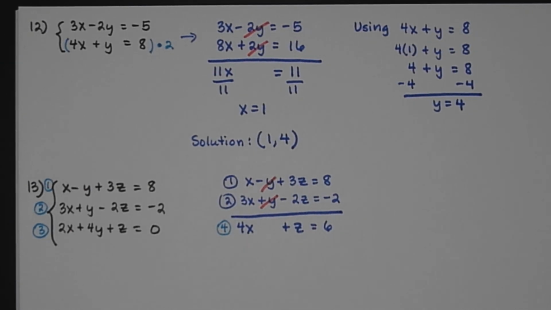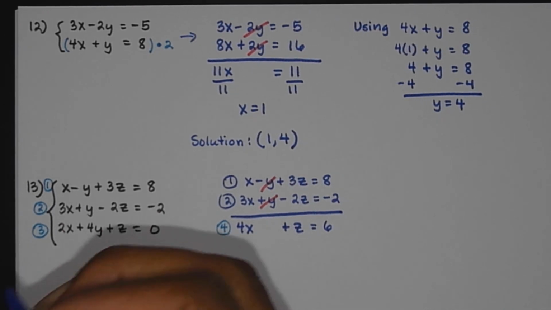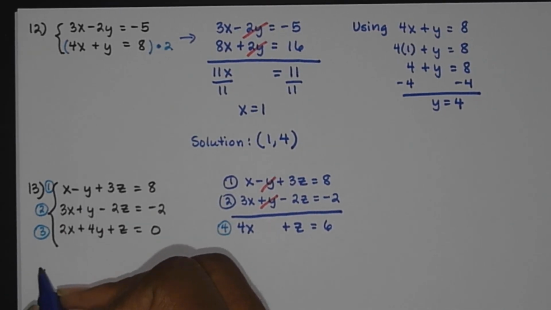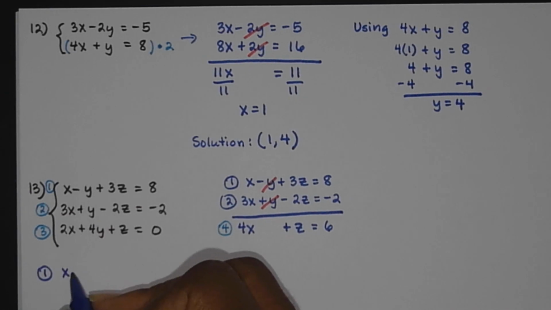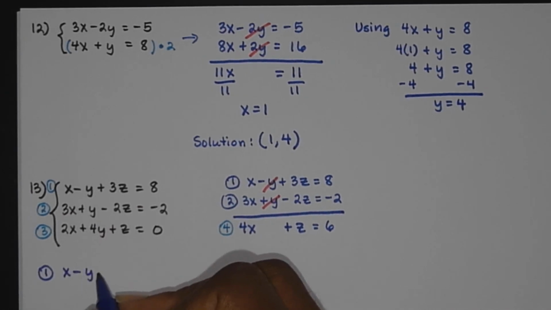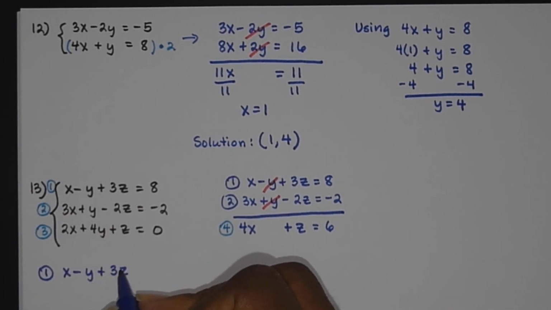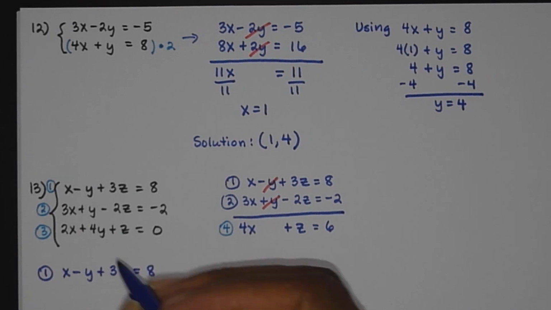All right, now let's pick another pair of equations and eliminate the same variable. We're going to eliminate the y as well. In this one, I picked equations 1 and 3. So here, equation 1 is still x minus y plus 3z equals 8.